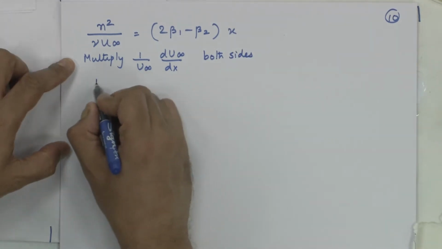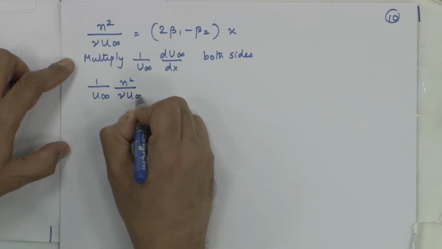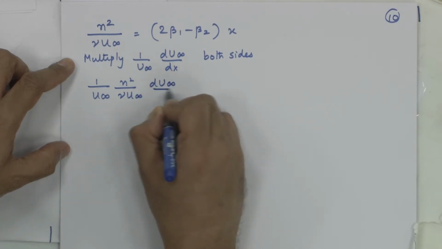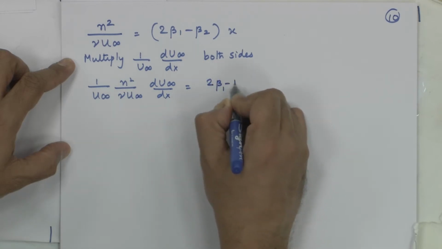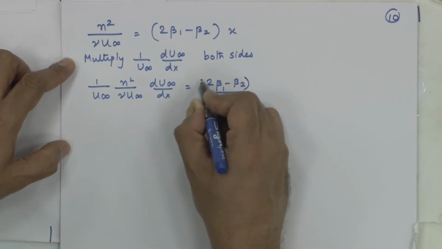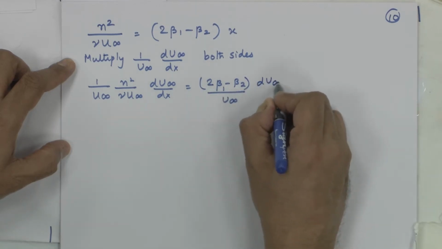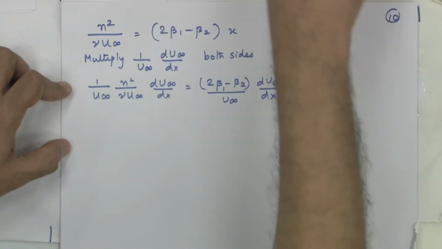So, I get 1 by u infinity n squared by nu u infinity du infinity by dx is equal to 2 beta 1 minus beta 2 divided by u infinity du infinity by dx into x. What is this quantity?